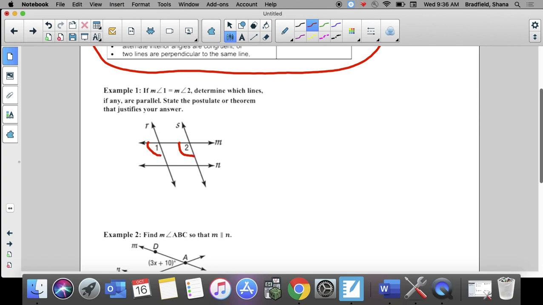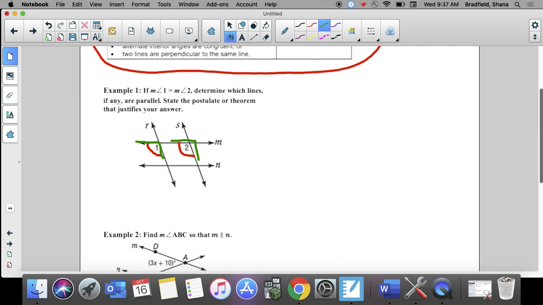And then we've got several lines going on here. So I'm going to look at what lines create those two angles. Here's this one, these two. So M and R create angle 1, and M and S create angle 2.